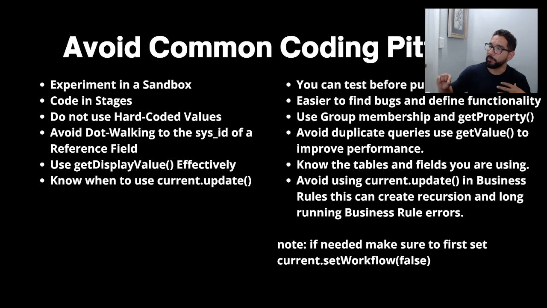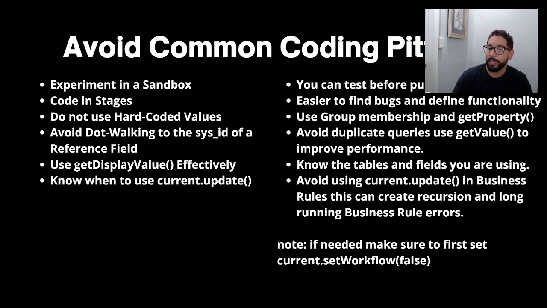But if you specifically say get sysid, then it could create another query, right? So you can use that get value to get that sysid from the first query. So that's one way to do that.